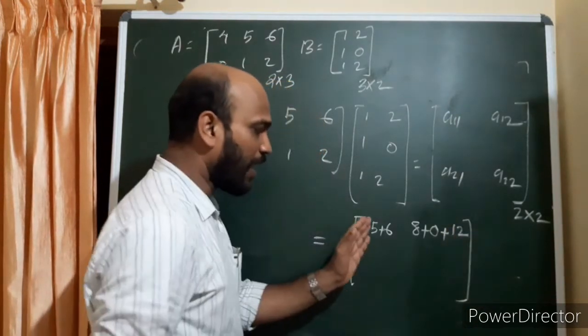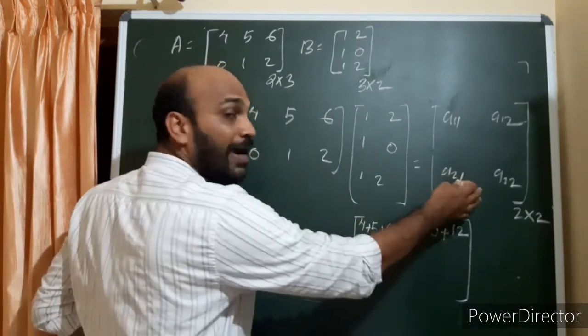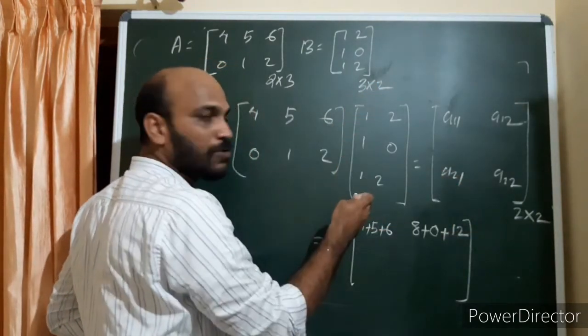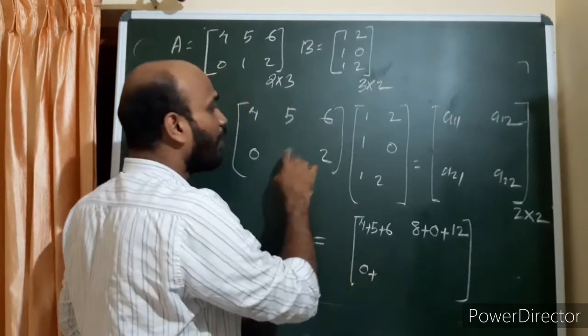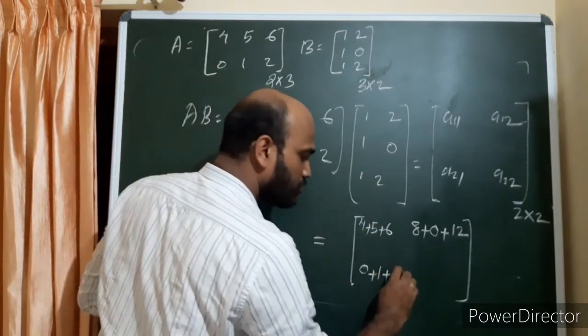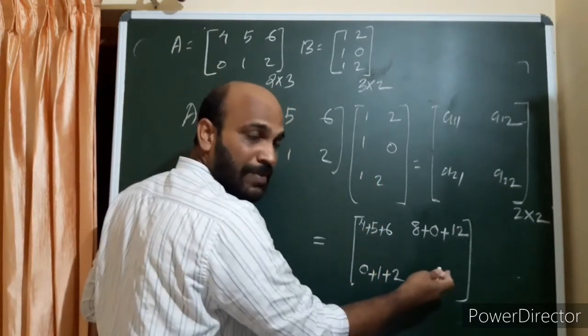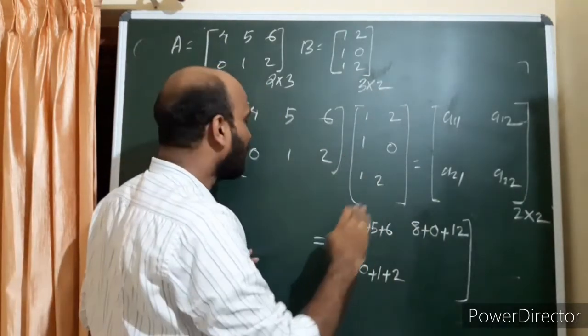Now we got A11, A12. Now we will find A21. A21 means second row, first column. 0 into 1, 0. Then 1 into 1, 1. 2 into 1, 2 we will get. Now the last element, that is A22. Second row, second column, you have to multiply.